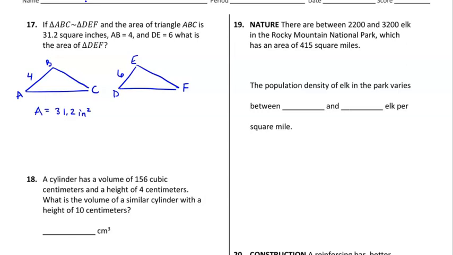When we did perimeter, we were only working in one dimension. So we were working with lengths and distance, which is just one dimension. So inches, centimeters, feet, whatever. When we're working with area, we're working with 2 dimensions.